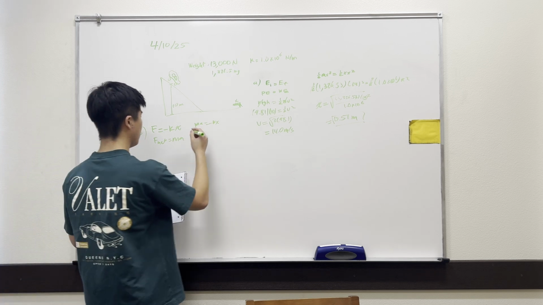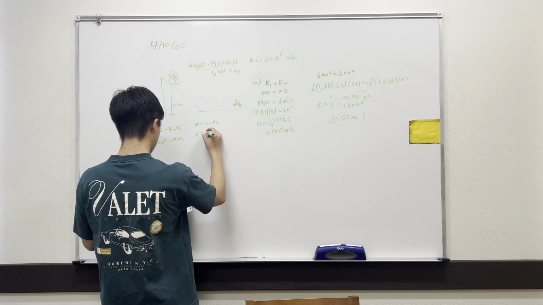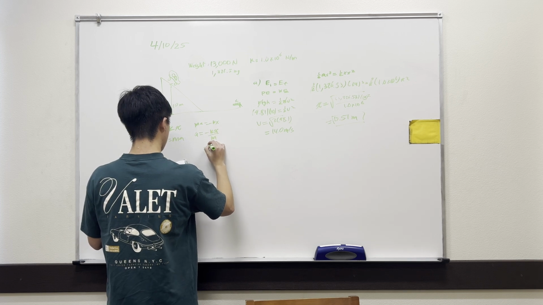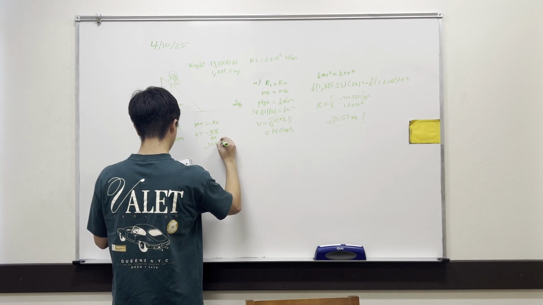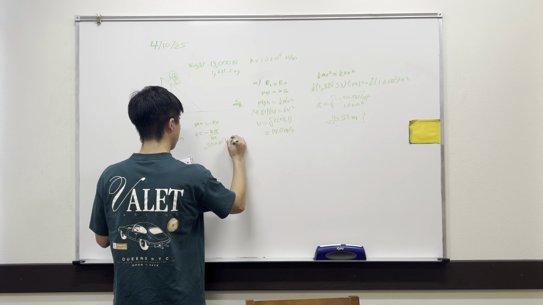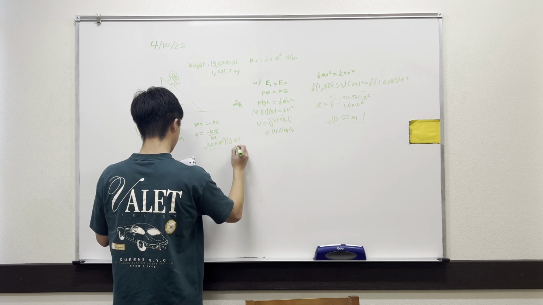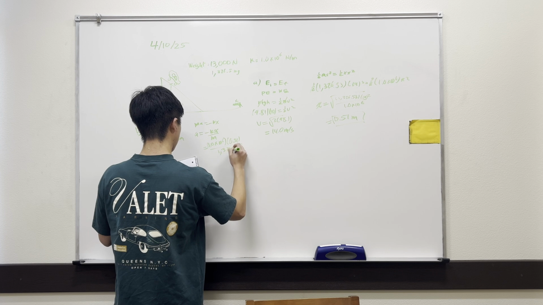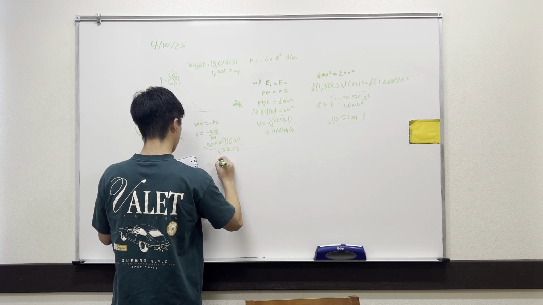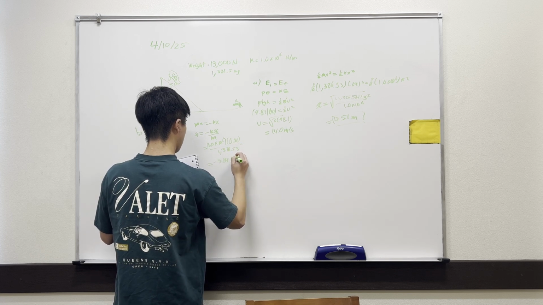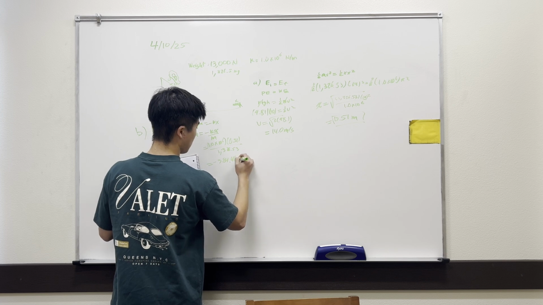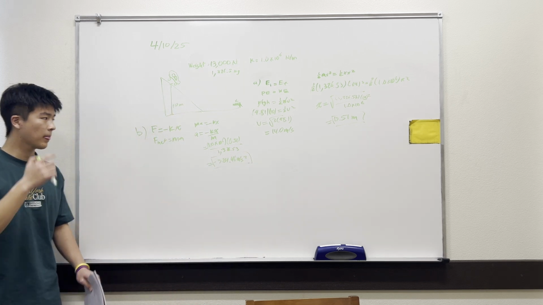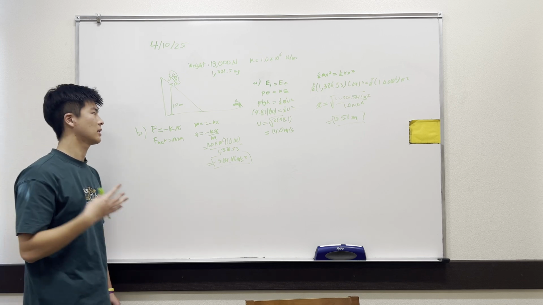So a equals negative kx over m, over 1,326.5. You should get around negative 384.46 meters per second squared.